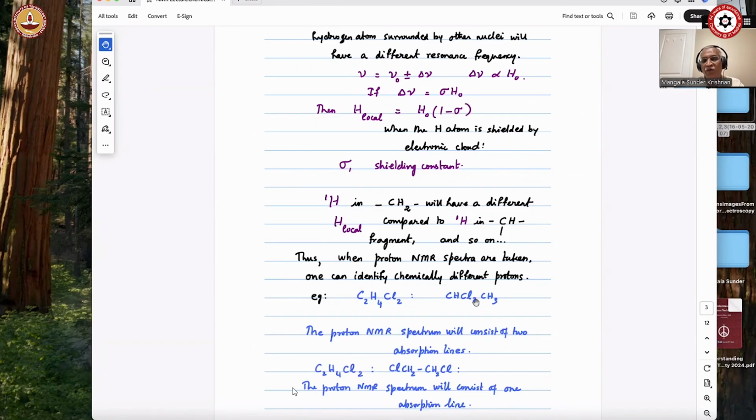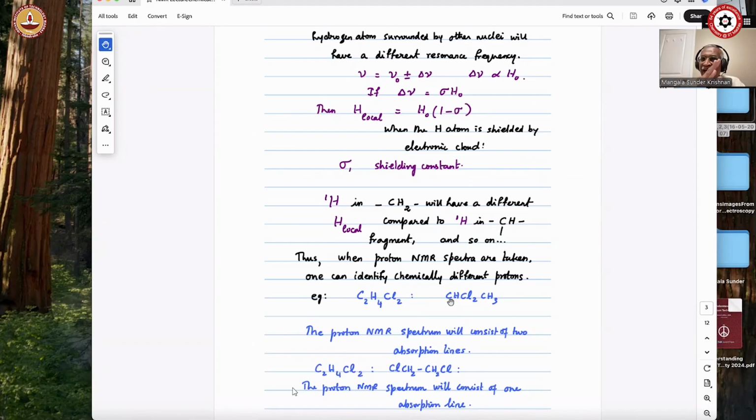This is one compound. So you can see that this carbon has a lot less electronic cloud than this carbon, because chlorine is an electronegative element. It pulls the electron density towards it. Therefore, the carbon does not see much of the electronic cloud. So the carbon nucleus is bare. It sees most of the field.